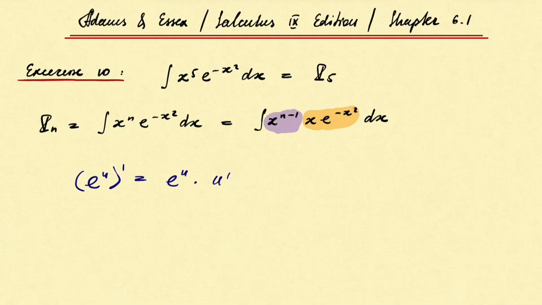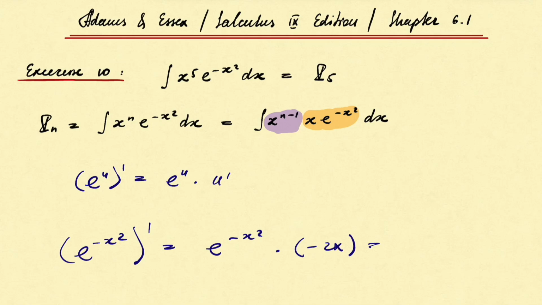Let's first see, if we get that antiderivative, what will be its derivative? If you have minus x squared, its derivative will be e to the minus x squared multiplied by the derivative of minus x squared, which is minus 2x. So basically we have minus 2 times x times e to the minus x squared.